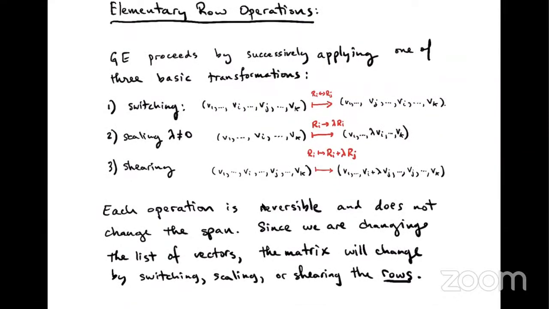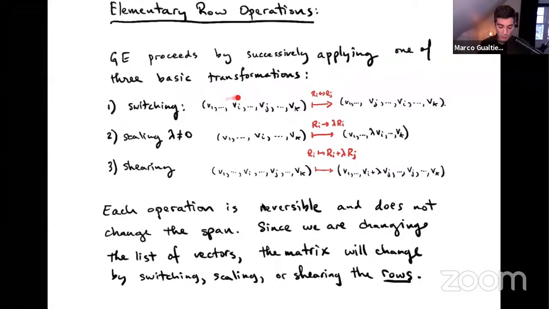When you say it's successively applied, does that mean one step is applied to each element in the list? You see here, this is the list of vectors. This is my input list. This is the output list. So you give me a list. This operation will switch the i and the jth elements of the list and output this new list.